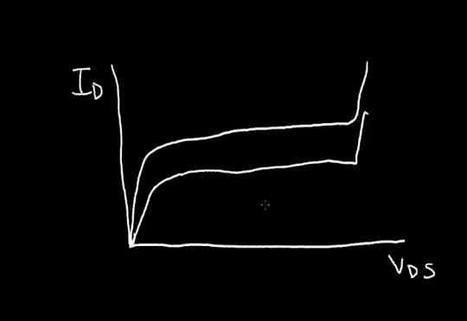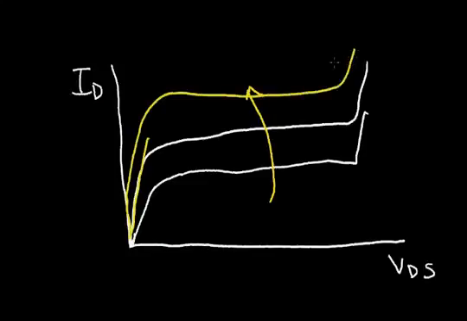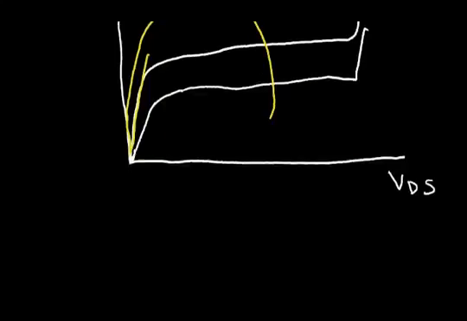So as we increase the gate to source voltage, we move this way, and our curve moves this way. So hopefully this gives you an overview of the NMOS or N-channel transistor and how the channel region relates to this curve.